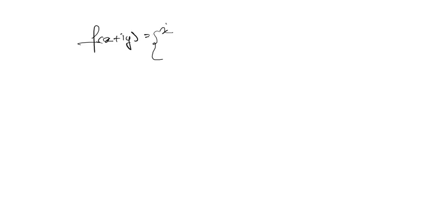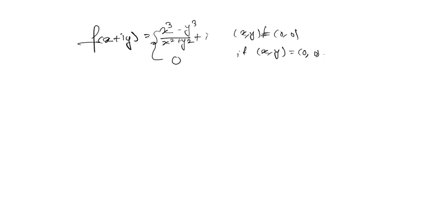The real part is x cube minus y cube divided by x square plus y square whenever x comma y is not the origin, and 0 if x comma y equals the origin. I missed some part here, I also need to write the imaginary part. The imaginary part is x cube plus y cube divided by x square plus y square.